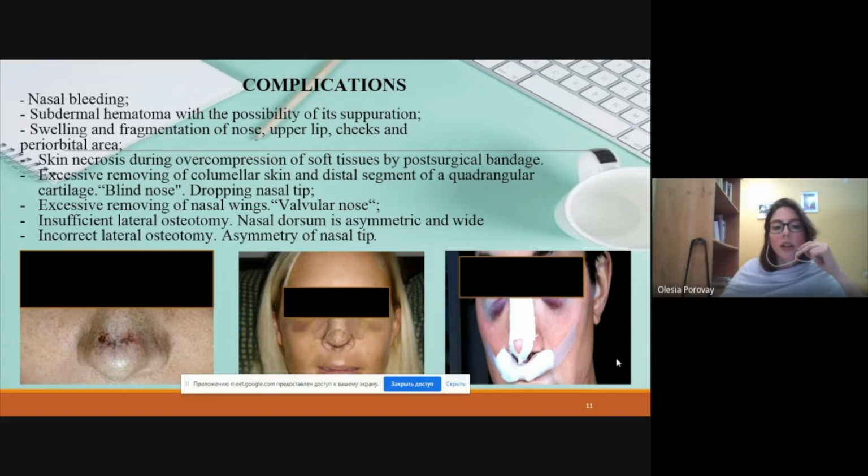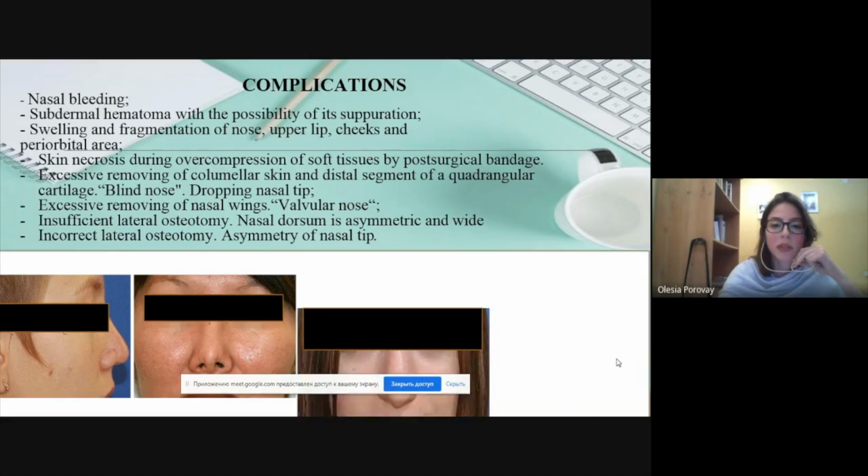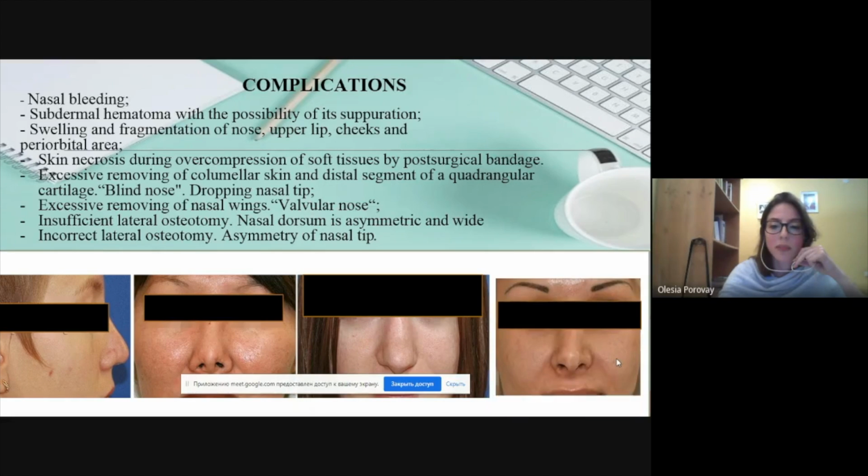And others, such as blind nose, valvular nose, asymmetric nasal dorsum after rhinoplasty, incorrect lateral osteotomy, and asymmetry of the nasal tip, are typical for closed rhinoplasty. Now you can see pictures of the complications.